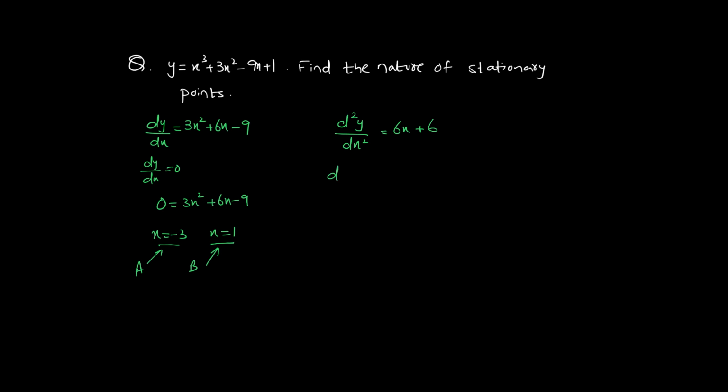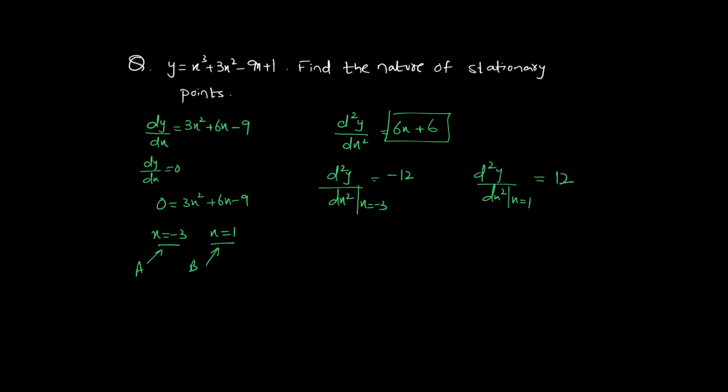Now you want to find the second derivative at x equals minus 3, and you want to find the second derivative at x equals 1. So when you place minus 3 in this expression, you will get a negative value, which is minus 12, and when you place 1, you will get a positive value.